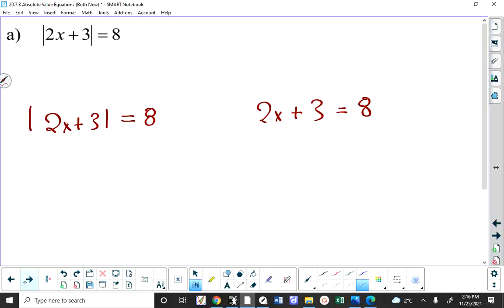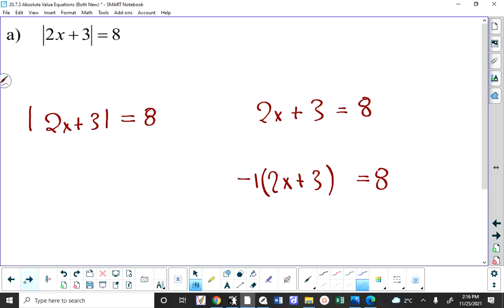In other words, if the thing inside the absolute values is already positive, then you just don't need the absolute values. But if what's inside the absolute values happens to be negative, then we would have to multiply that thing we were absolute valuing by negative 1 to make it positive.